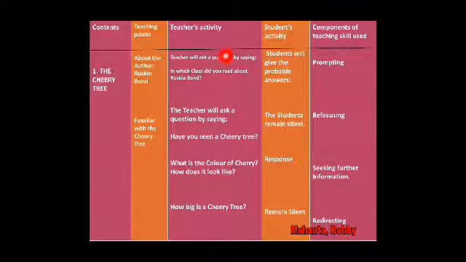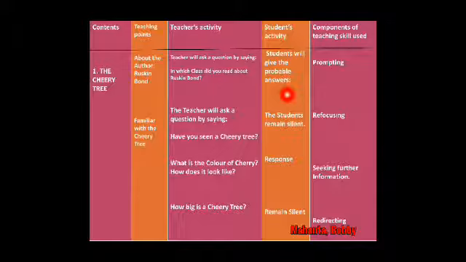So the teacher's activity here will be, teacher will ask a question by saying, in which class did you read about Ruskin Bond? So in this way, the teacher can place certain questions, and the expected student's activity will be, when the teacher asks this question, the students will give probable answer.